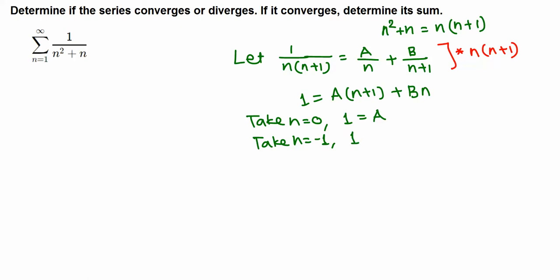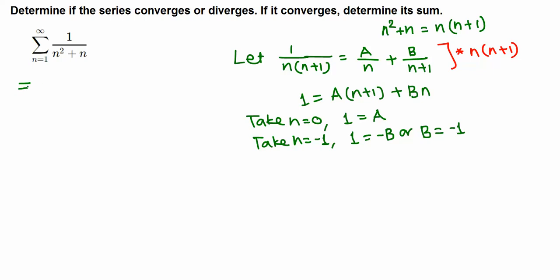Then 1 equals a times negative 1 plus 1, which is 0, plus b times negative 1, so 1 equals negative b. Multiply both sides by negative 1, and we get b equals negative 1. So this fraction is in fact a over n, that means 1 over n, and b is negative 1 over n plus 1.